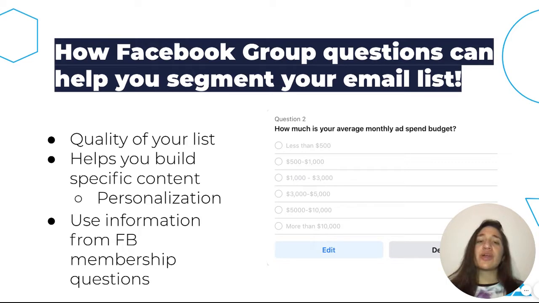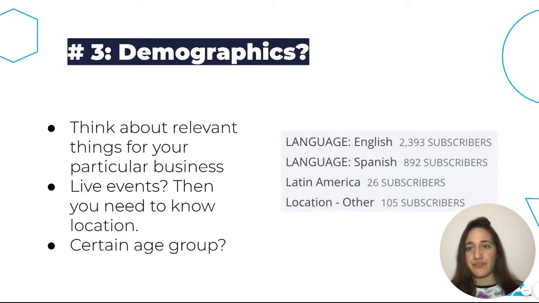So that's why you want to segment it like that. It helps you build this quality in the list. Once you have quality, then your leads are better. The people in your audience are going to respond better, and you're going to have better engagement rates and click-through rates.